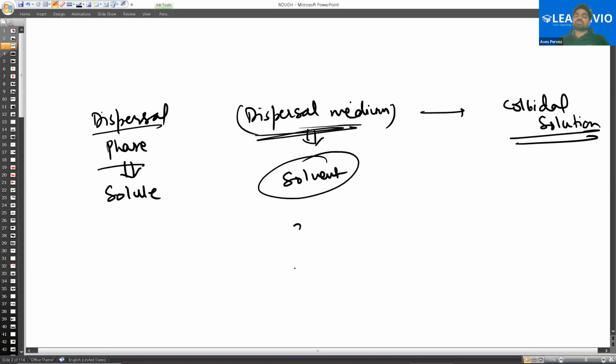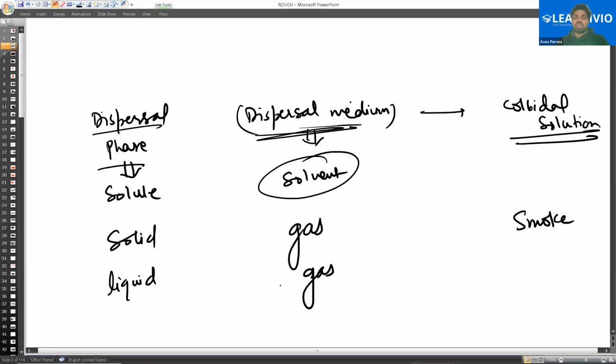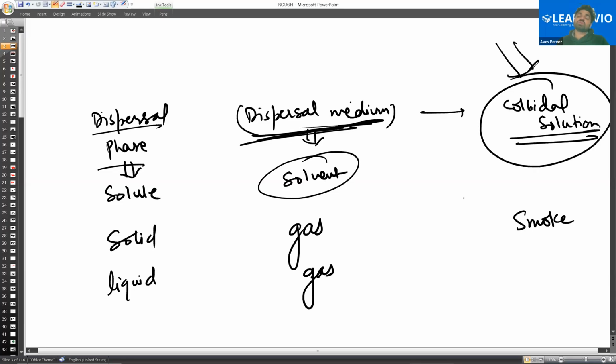For example, if the dispersed phase is solid and the dispersion medium is gas, the state of this mixture will also be gas, like smoke. We call it aerosol. Or, for example, liquid dissolved in gas: the dispersion medium is gas, meaning the solvent is gas, so the state is also gaseous, like fog.